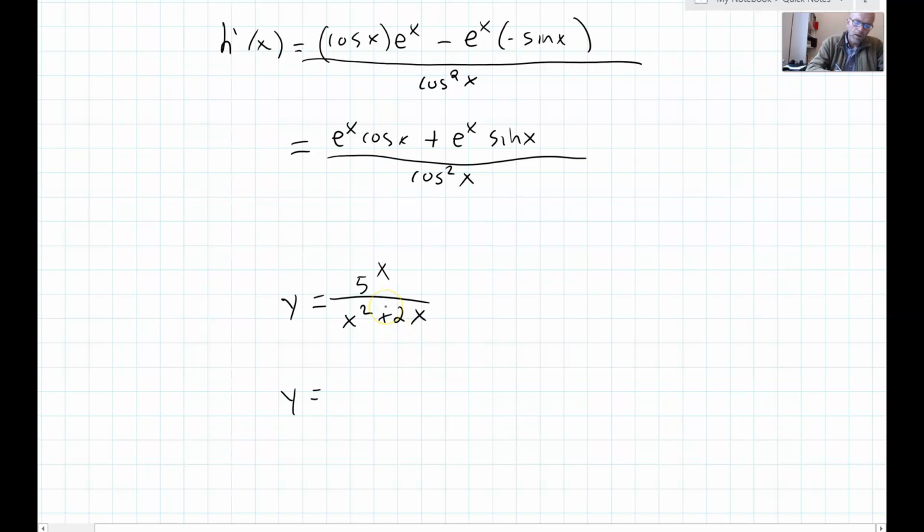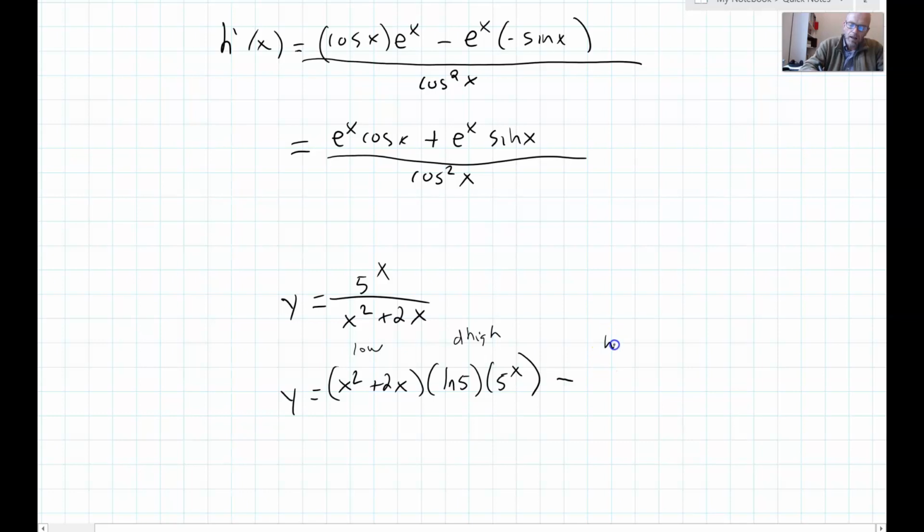So first of all, I want low, which would be x squared plus 2x, d high, which would be the derivative of 5 to the x. Remember, that's the natural log of 5 times 5 to the x. And I'm subtracting that. So this was low, this is d high, right?